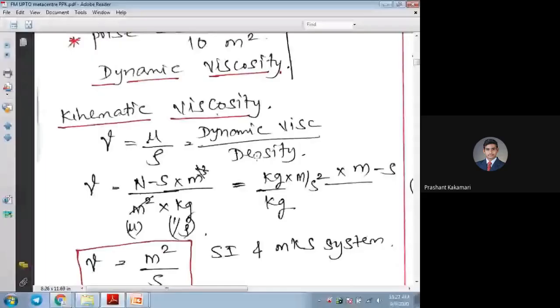Next point is kinematic viscosity. Kinematic viscosity is just the ratio of dynamic viscosity with respect to mass density rho. So mu by rho is dynamic viscosity divided by density.